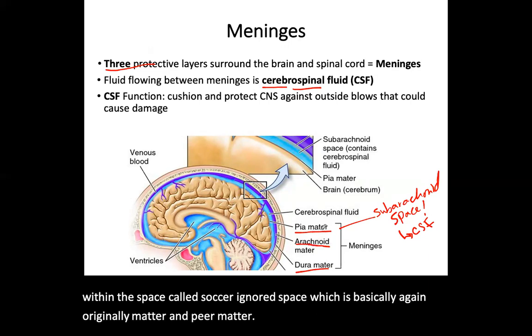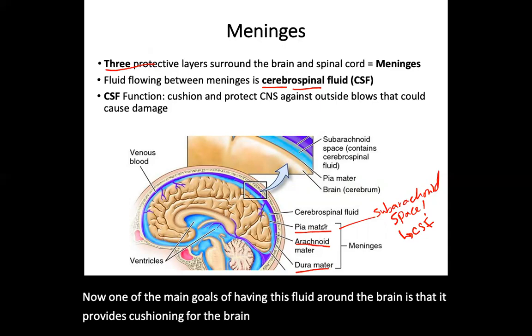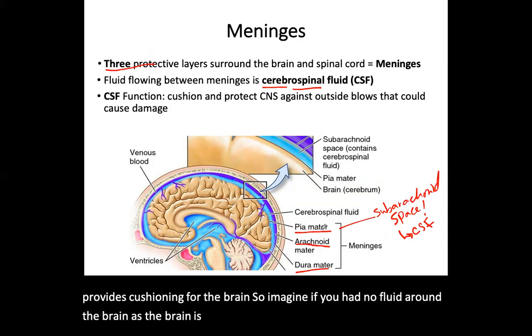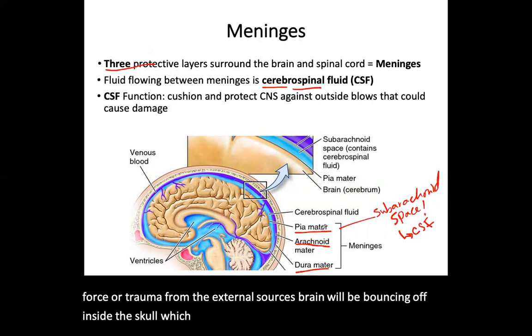Now, one of the main goals of having this fluid around the brain is that it provides cushioning for the brain. Imagine if you had no fluid around the brain: as the brain moves as a result of some sort of force or trauma from external sources, it would bounce off inside the skull, which can easily cause damage and rupturing of the blood vessels.